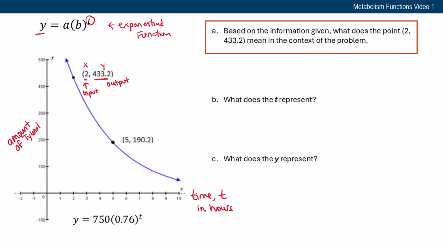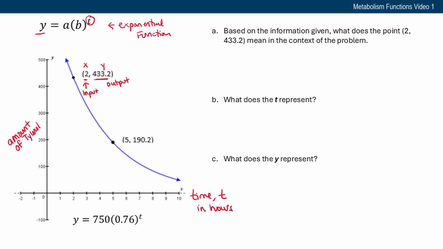So part A says, based on the information given, what does the point (2, 433.2) mean in the context of our problem? The 2 represents the input, which is our time in hours, and the output is the amount of Tylenol, which is 433.2 milligrams.